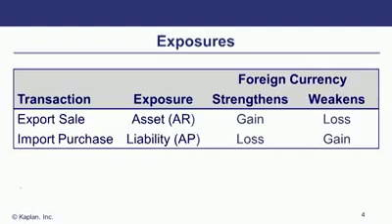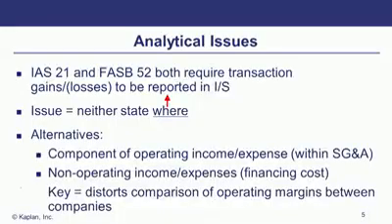Now remember, with transaction exposures, these gains and losses are going to hit the income statement. In fact, both international accounting standards and US GAAP require transaction gains and losses to be reported in the income statement. But here's the problem. Neither of them tell us where in the income statement they need to be reported. In other words, should we include it as part of our operating income or operating expenses, i.e. part of the normal course of business, or is it outside the normal course of business?